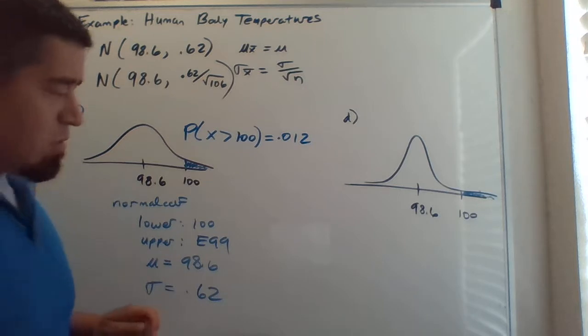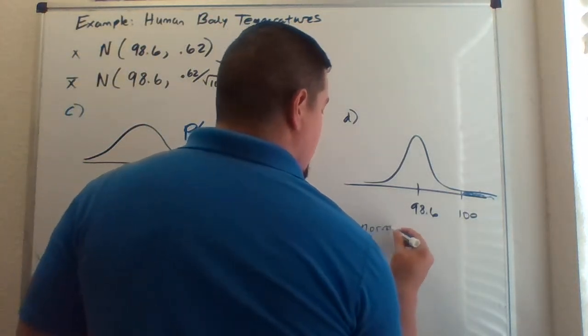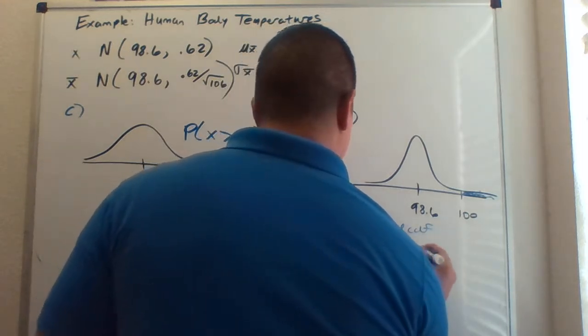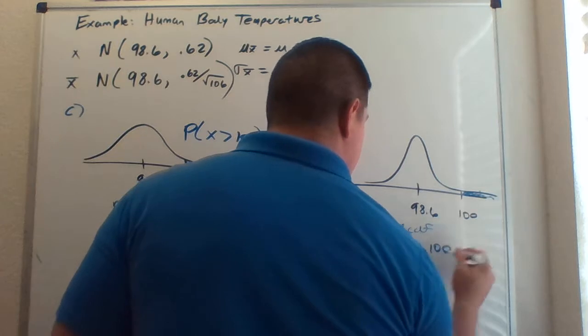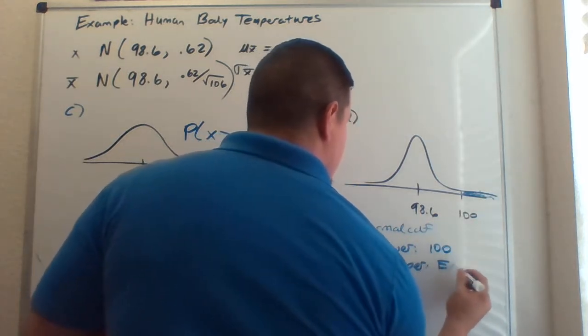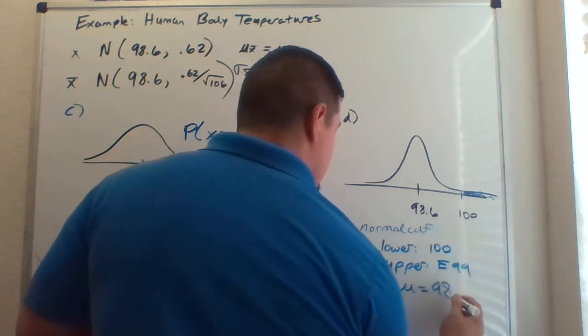So then what would we do? Normal CDF again. So we're going to do normal CDF. Lower is 100 still. Upper is infinity. And the mean is still 98.6.